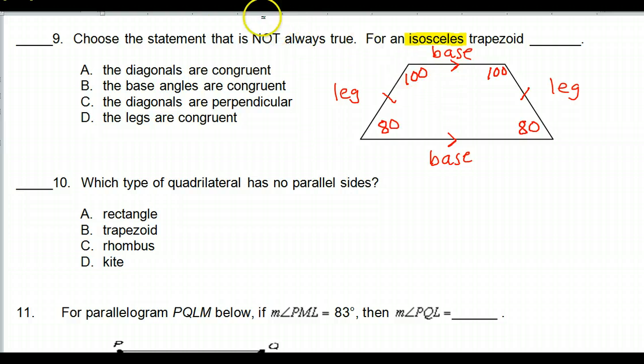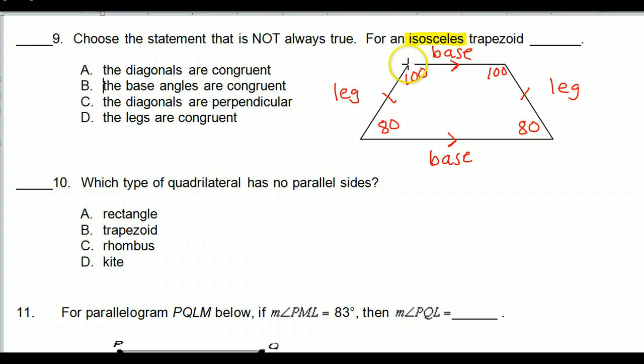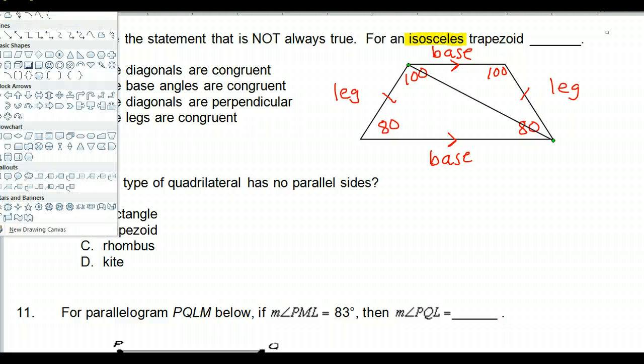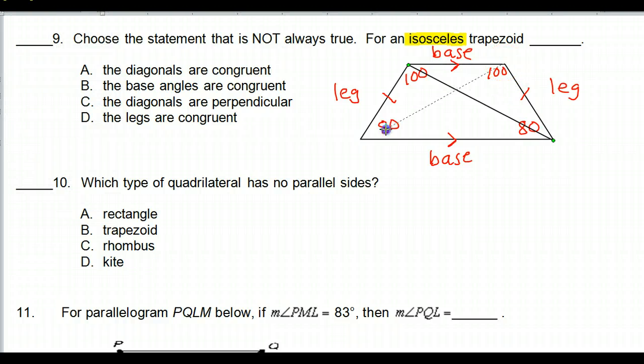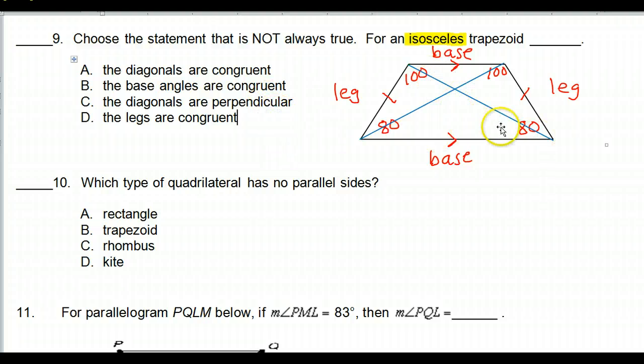Also, because of that symmetry, the diagonals are going to be congruent, just like for a rectangle. So that's a diagonal, and this is a diagonal. And if this is isosceles, then these diagonals should be congruent to each other.